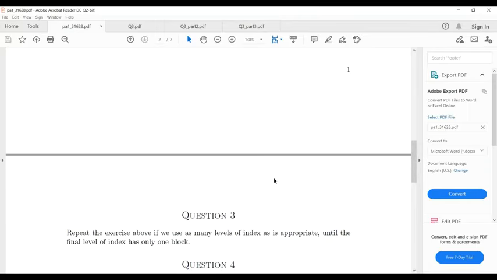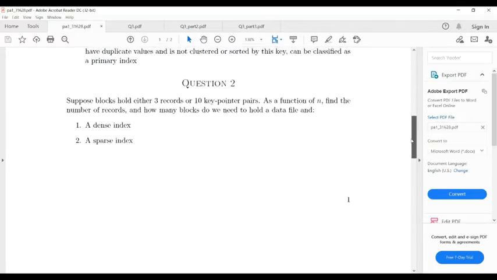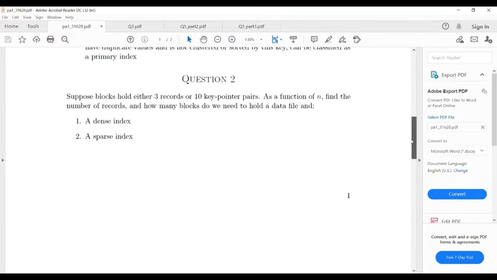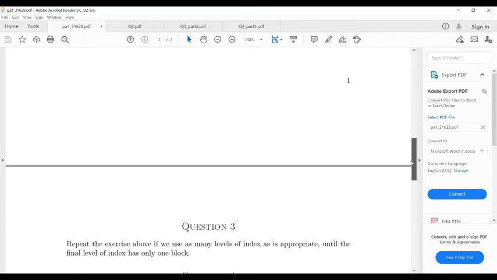So the first level will be a dense index, and we calculated the dense index in question 2. The number of blocks to hold that dense index equals n/10. So we know now a part of the solution, and we also know that according to the question, the final level of index has only one block. So we have another one block to hold those multi-level indices. However, for the other levels, we don't know how many blocks we need to hold them.